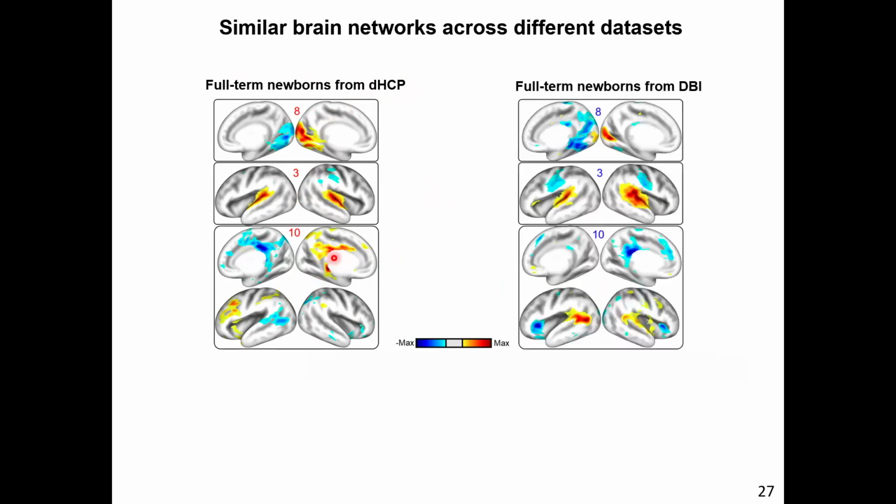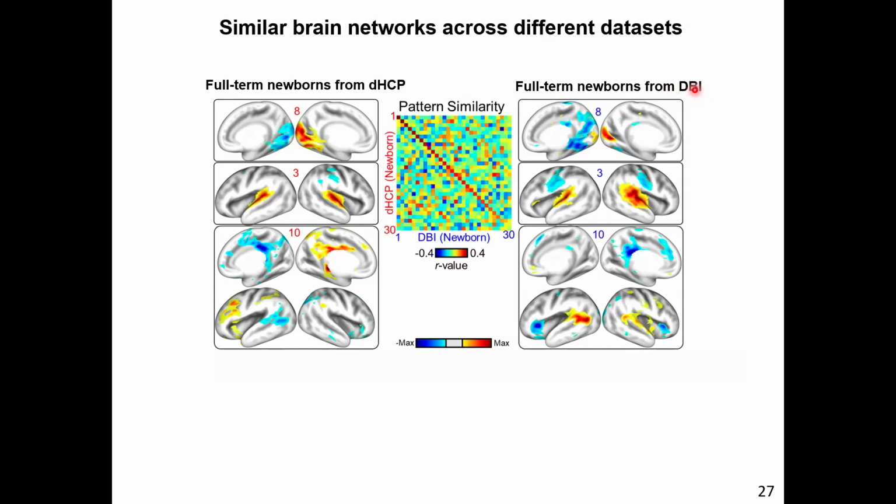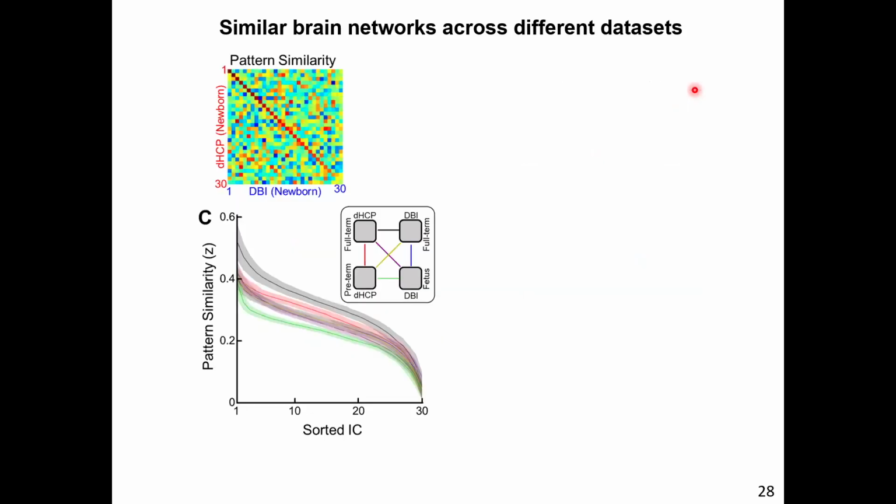Surprisingly, the brain networks we observed were reproduced in full-term newborns from a different data set, the DBI. What we observed is that the pattern similarity was highest between full-term and full-term across the DHCP and the DBI, compared to other comparisons, even within the DHCP data set.